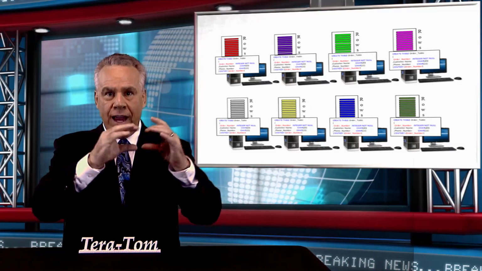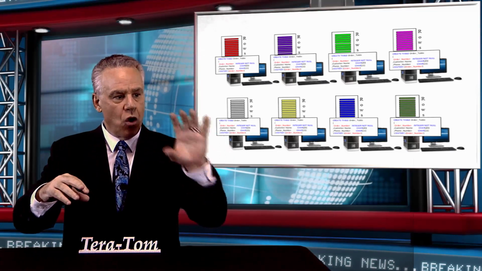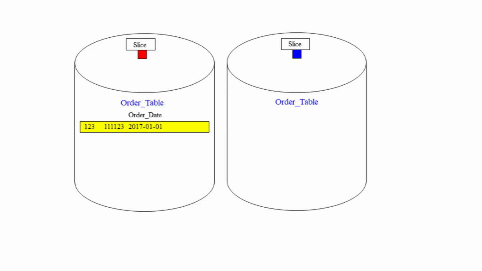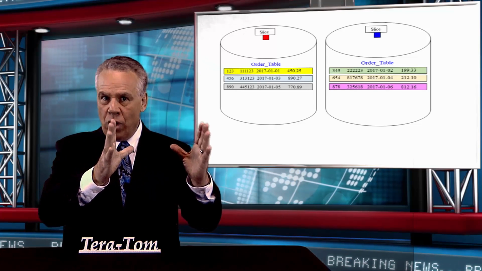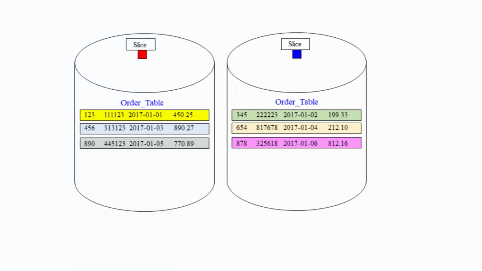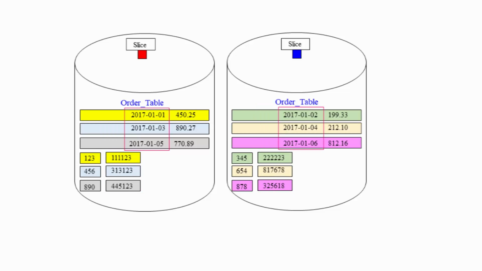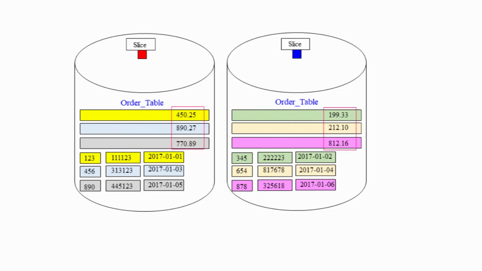So if you've got a row that comes in from the order table that says order number, customer number, order date, order total, Amazon Redshift is going to make sure that a slice gets the entire row, but then it says, only the order number goes into this block of data. Only the customer number goes into this block, the order date into this block, and the order total into this.